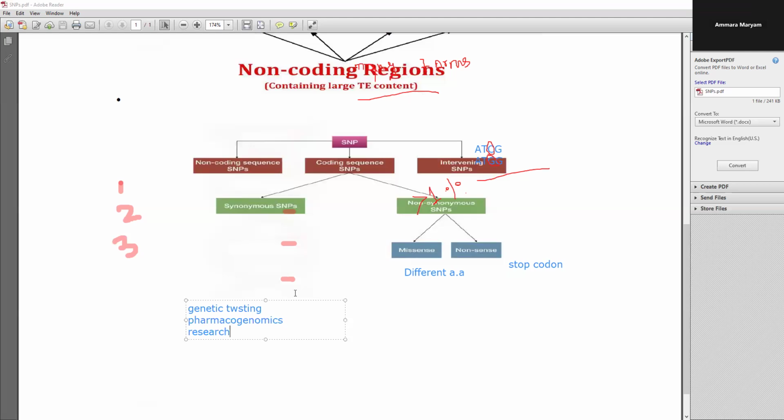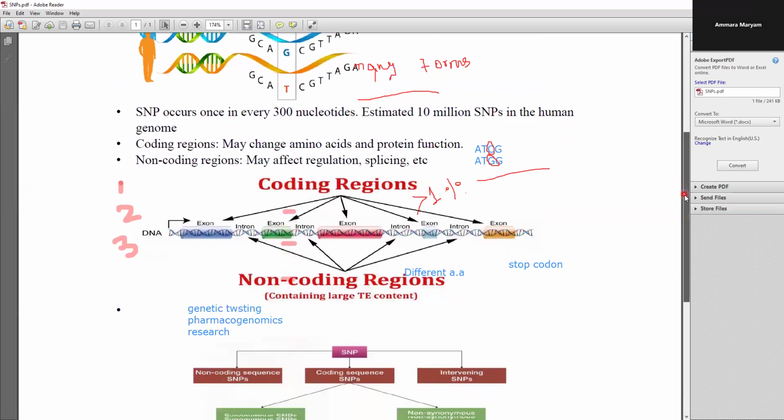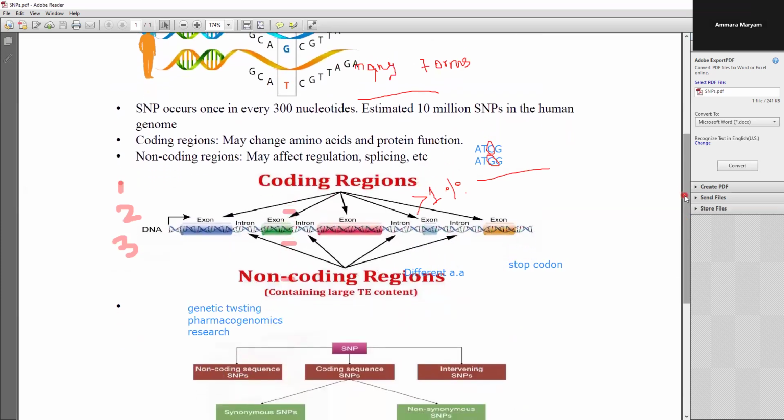Now, this is all about SNPs. And yes, a very important thing, these SNPs are basically different from mutations. SNPs are those where more than 1% of the population has the same change at the same gene locus. But mutations can be in less than 1% of the population.